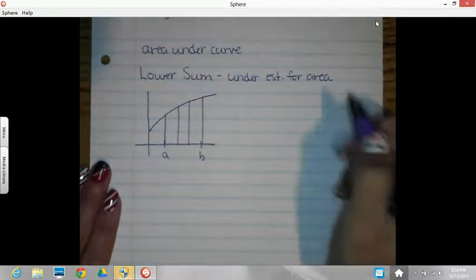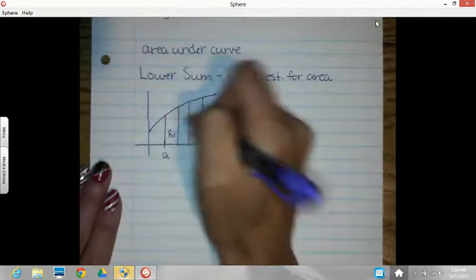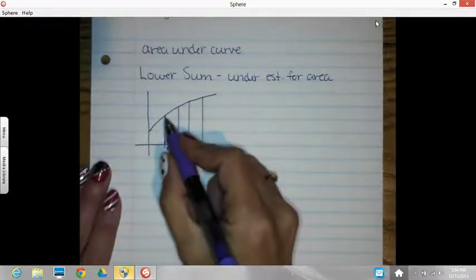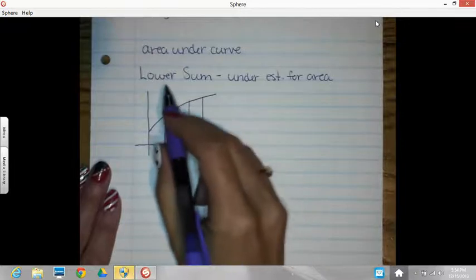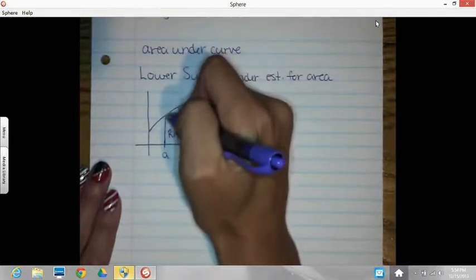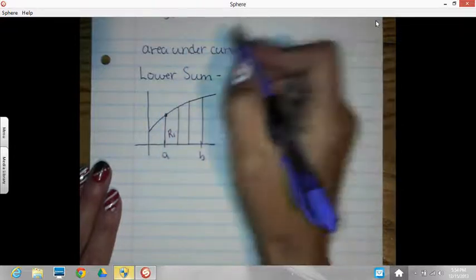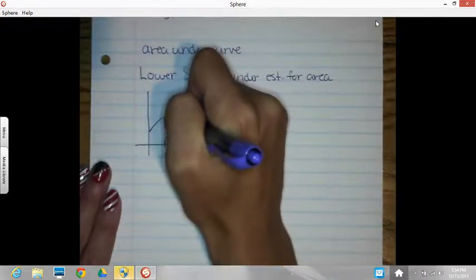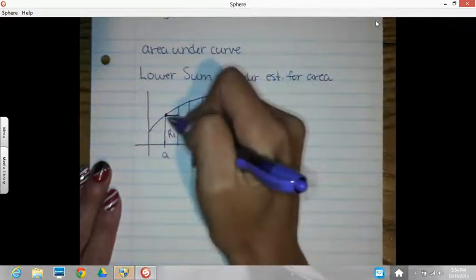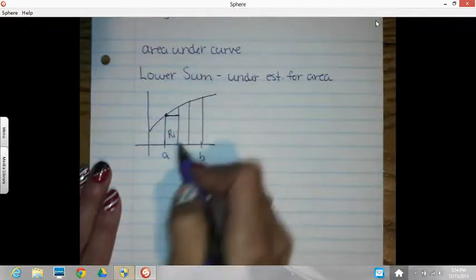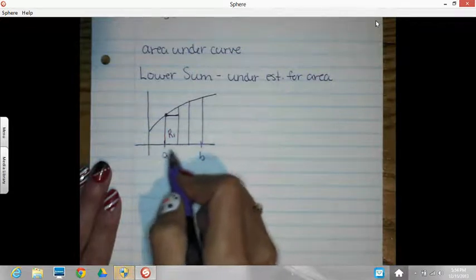For rectangle 1, I need one of these edges, either this point or this point, to be my height, and because I want a lower sum, I'm going to pick the lower point. So I'll let that be my height and create this rectangle here, and I'll be able to find the area of that because I'll know the height from the function, and the width I'll be able to figure out when I actually have numbers down here.